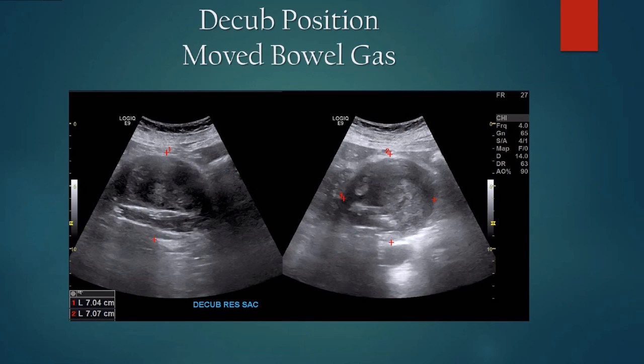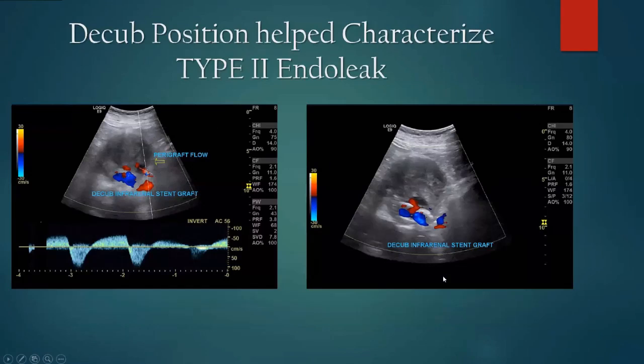I know I mentioned to label specifically on your images, and I think we could do better at that as well, but it's extremely helpful. What's our location here? So with moving this patient into decubitus position, we were able to characterize this endoleak as a type 2. You definitely need to look at these residual sacs, both in supine and decubitus position.